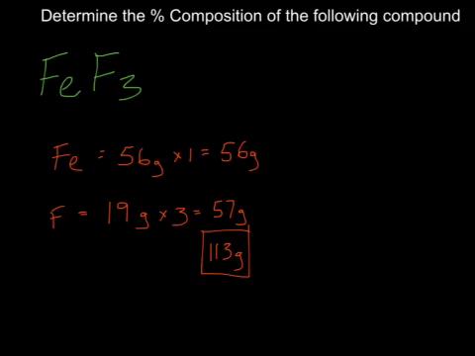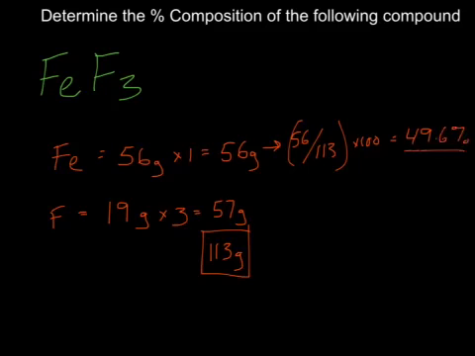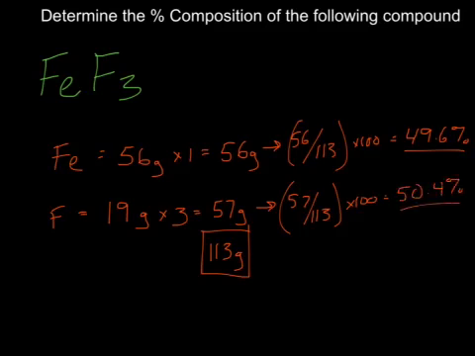Now, all we need to do is divide 56 by 113 and multiply that by 100 to get 49.6% composition of iron, and 57 by 113 times 100 to give us 50.4%. Math adds up nicely on this one.